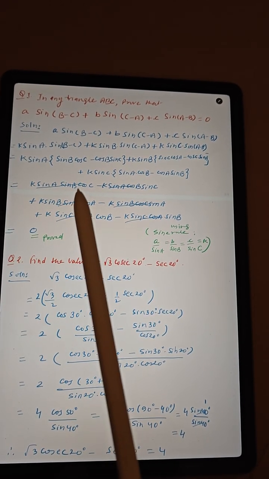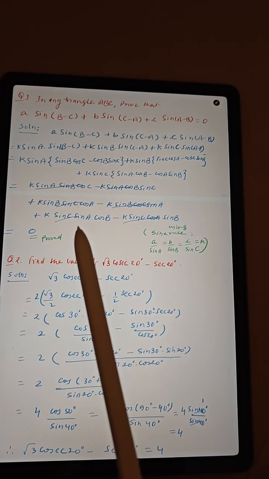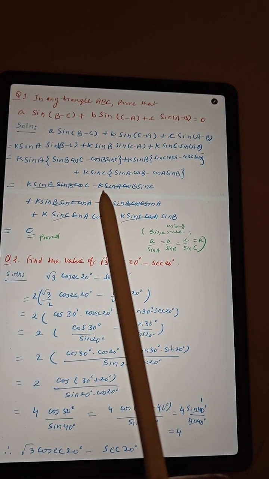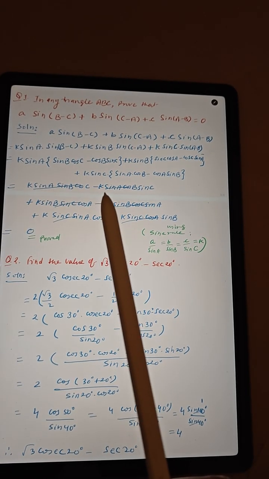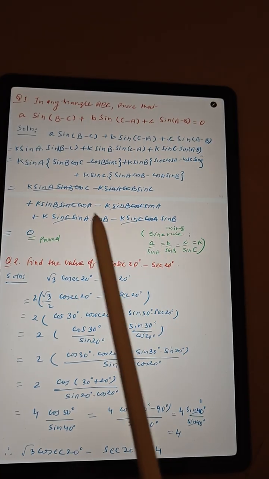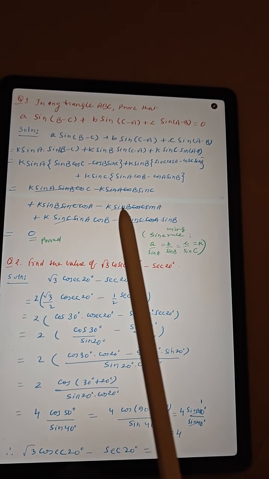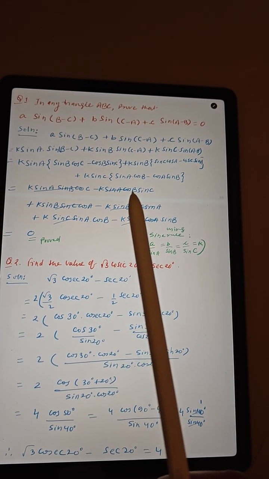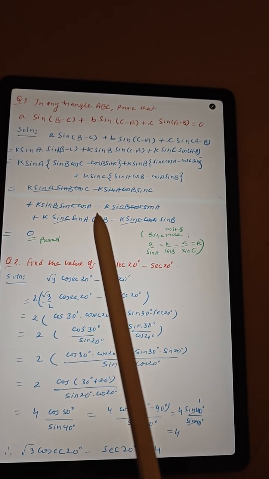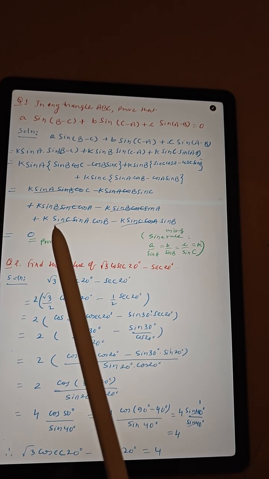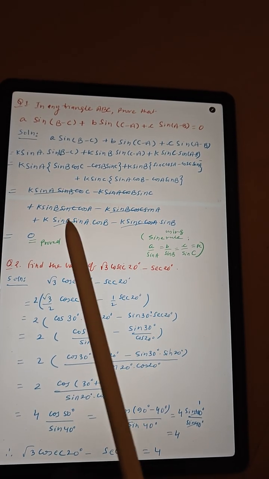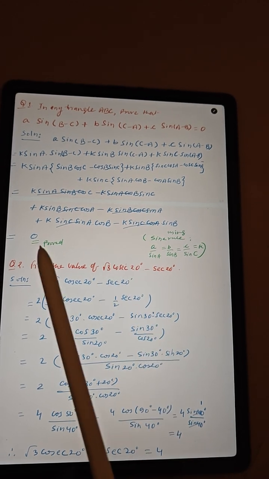This k sin A sin B cos C and this cancel, minus k sin A cos B sin C and this, k sin A sin C cos B, cancel, and similarly this and this will cancel, so 0.